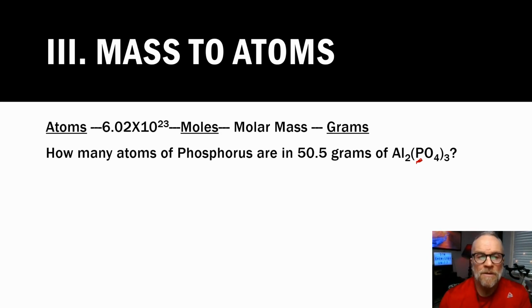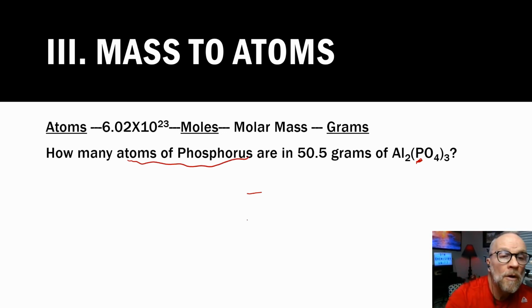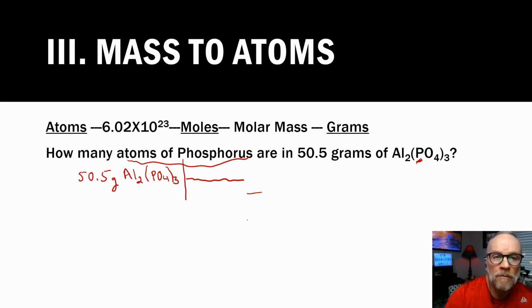And so let's do that. Let's underline what we're solving for first, atoms of phosphorus. So that should be our final answer. We're given 50.5 grams of the compound aluminum phosphate, and we're going to convert that to moles. So for every so many grams of aluminum phosphate, we have 1 mole of that critter.